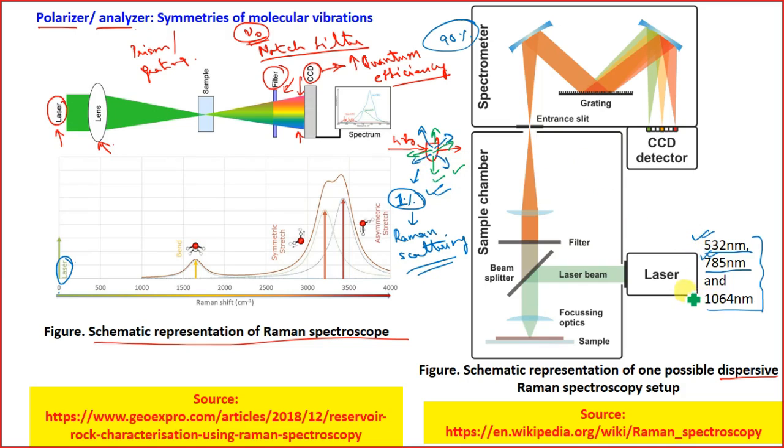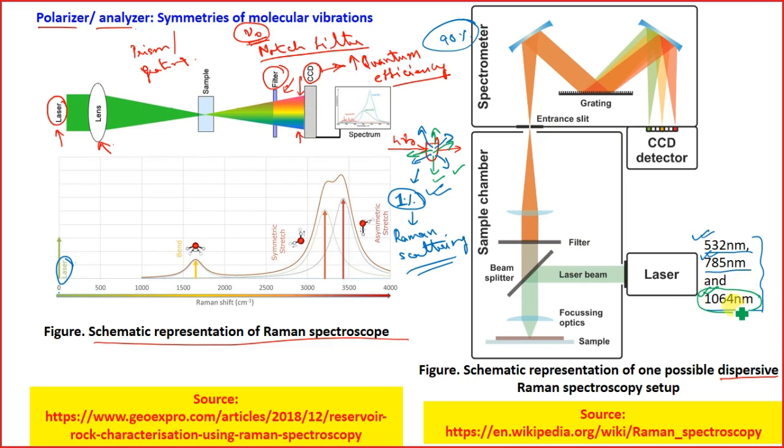So under those conditions, the laser having a wavelength of 1064 nanometer is usually used in Raman scattering, if the sample is fluorescent.